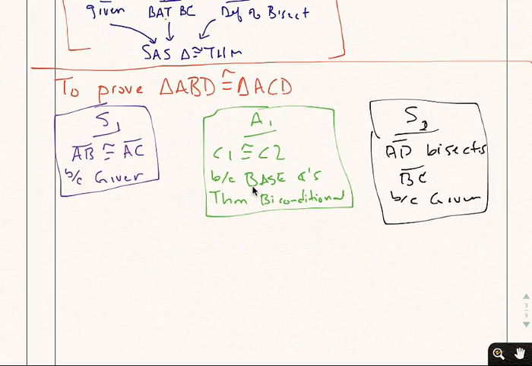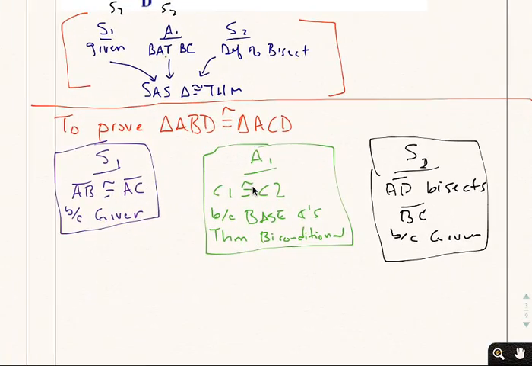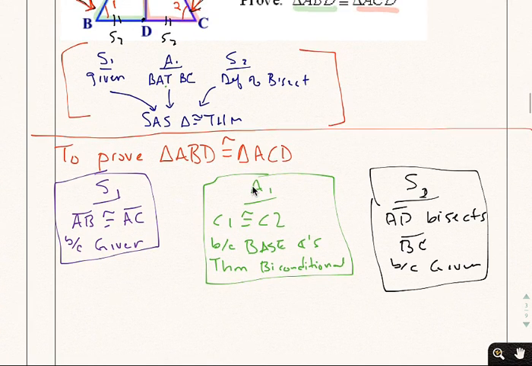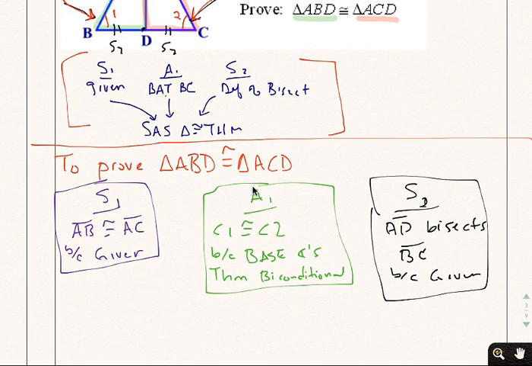And because AD bisects BC, and visually here it is right here, that's a bisector, so we know that BD has to be congruent to DC.